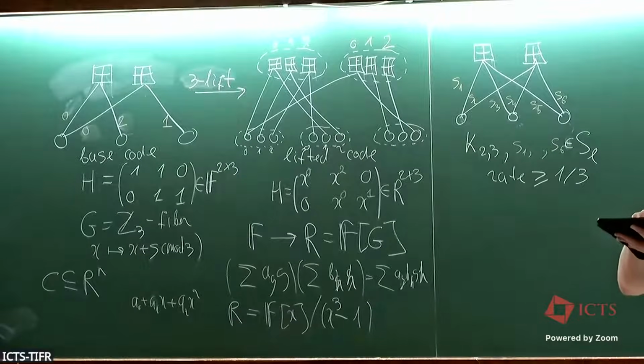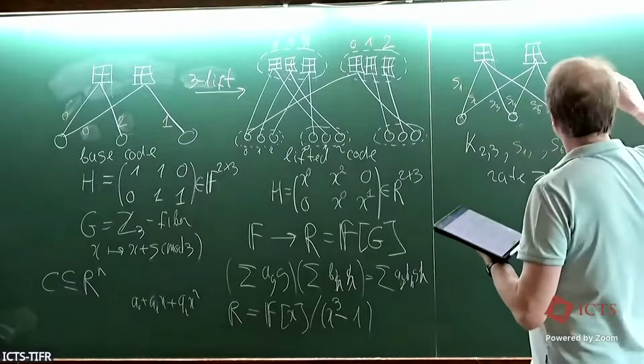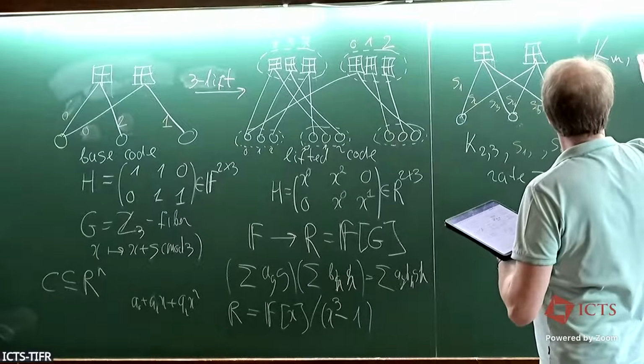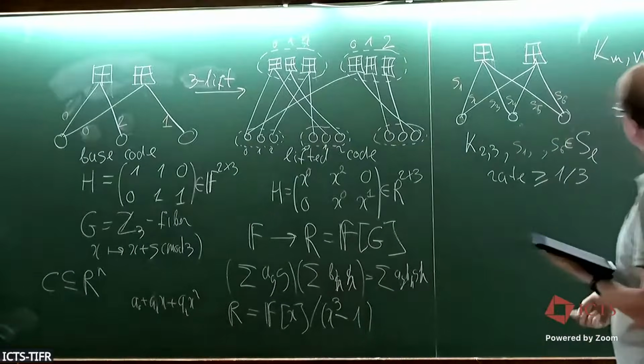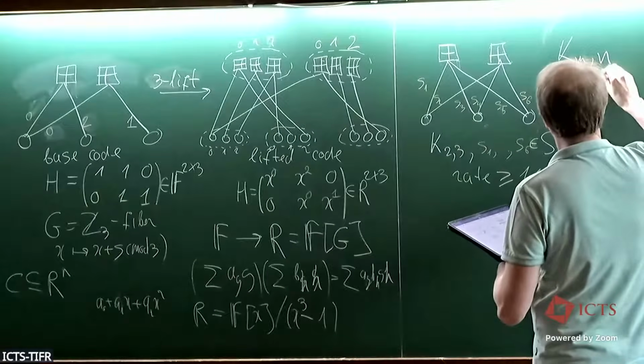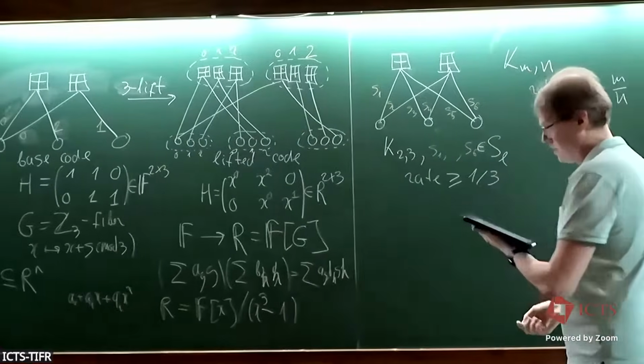And here's a natural question, whether we can get good codes using this idea. And the answer is yes, at least if we start from complete graphs, then every such complete graph, of course, has rate at least 1 minus m to the n.